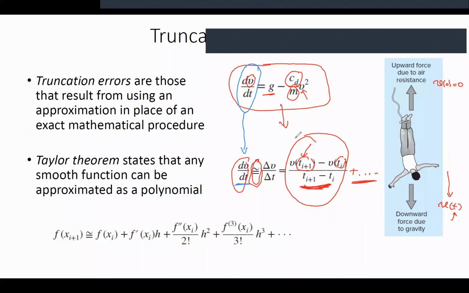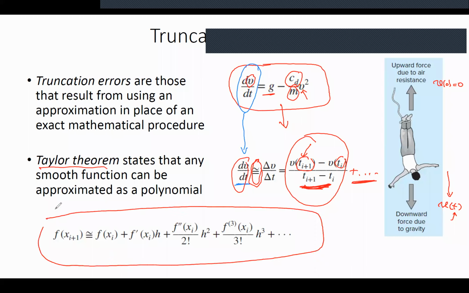Okay, one theorem here is quite important, what we call Taylor theorem. That is a series, and it states that any smooth function can be written as a polynomial, and mathematically any function at the value of xi plus 1 can be written approximately as the summation.